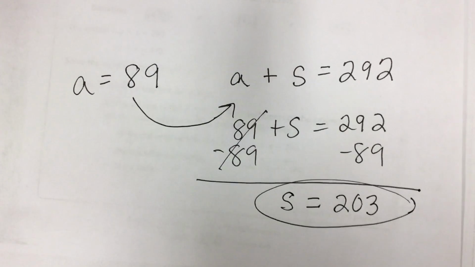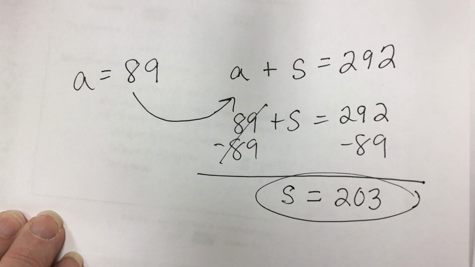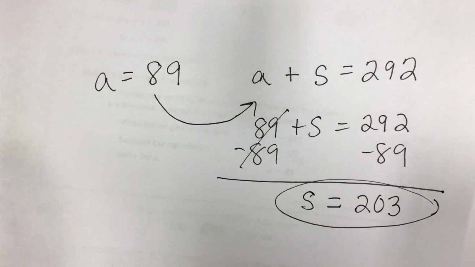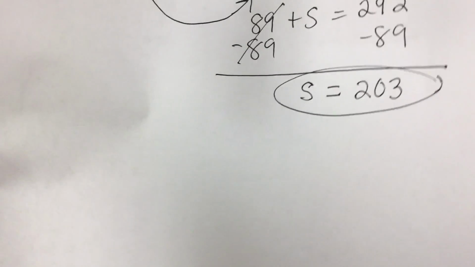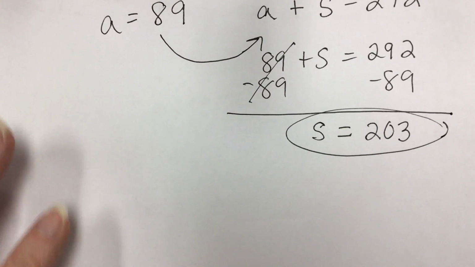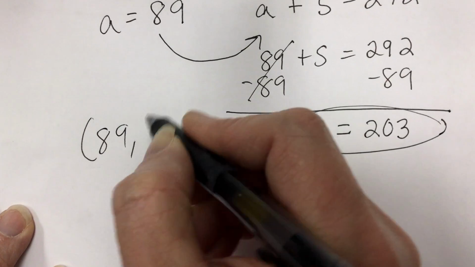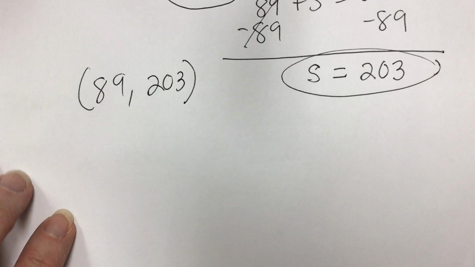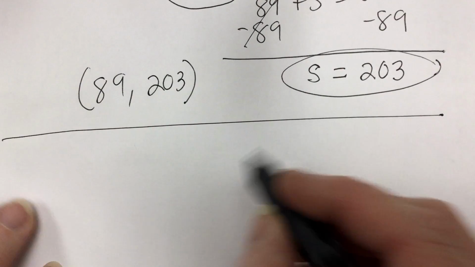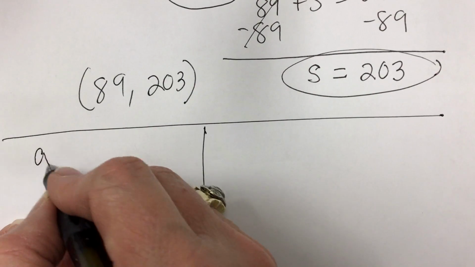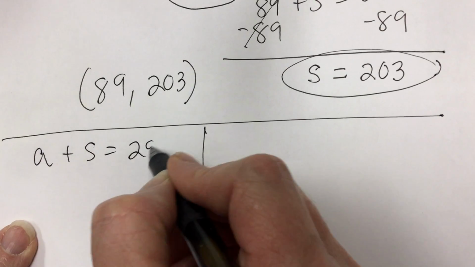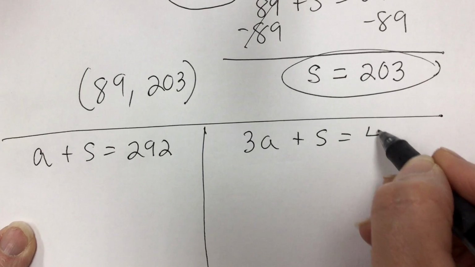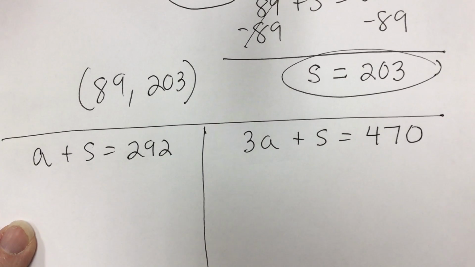So now we need to check and make sure that our answer is correct. We'll do that by plugging into both of our equations, where A was 89 and S was 203. We will plug both of those back into the original two equations. Our original two equations were A plus S equals 292, and 3A plus S equals 470.